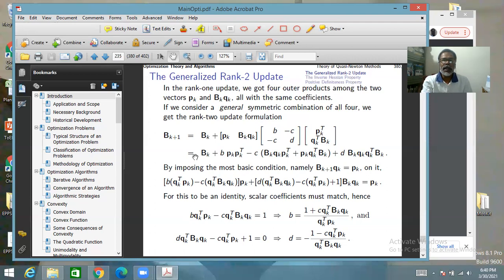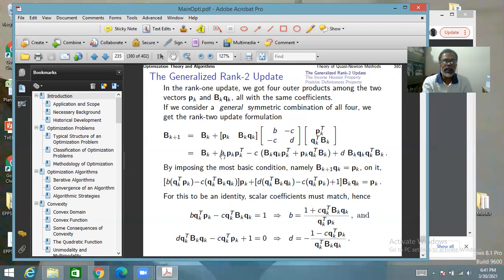So we multiply this with qk and equate it to pk. The product will be a linear combination of two vectors, pk and Bk qk. We keep them separate. So the first term gives Bk qk with coefficient 1, and this will give us pk.